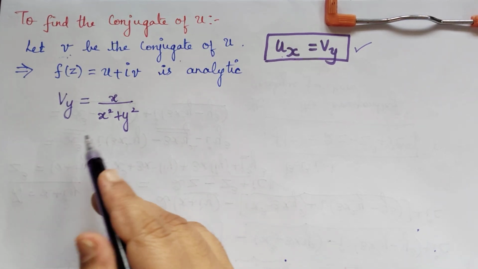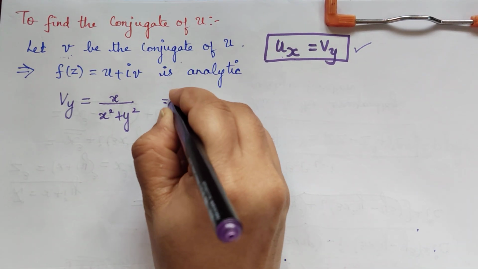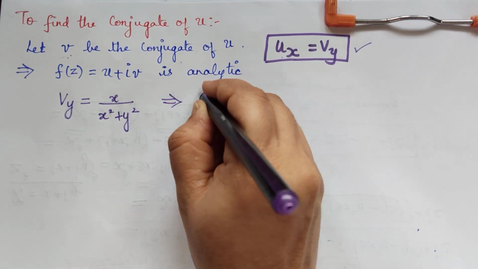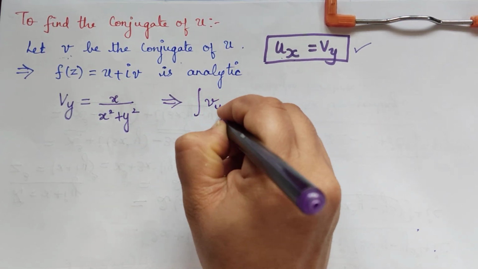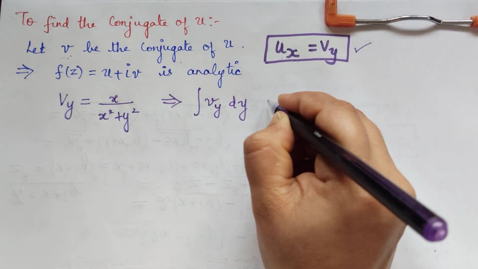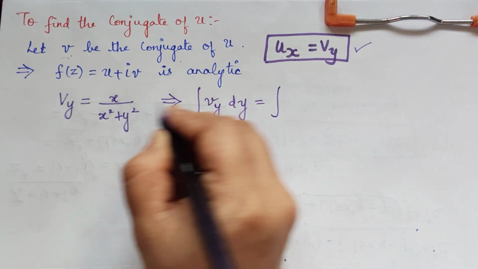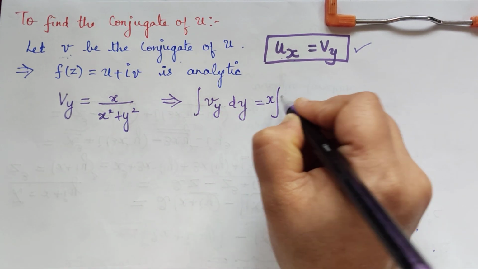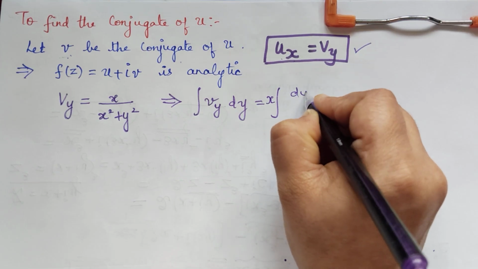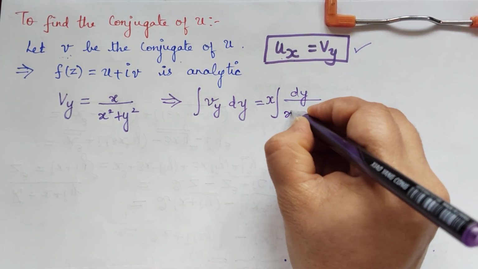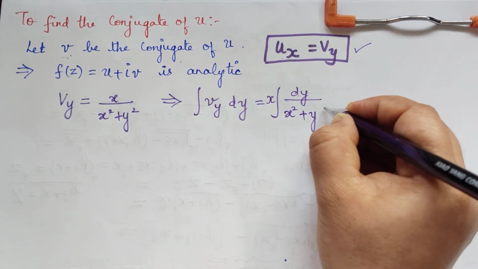Now in order to find v from this, we have to integrate on both the sides with respect to y. So integral vy dy will be equal to integral, x will be treated as constant, so we can write this out, and then dy by x square plus y square.